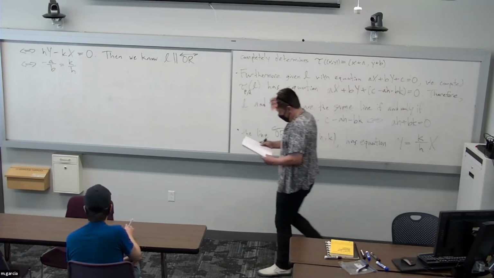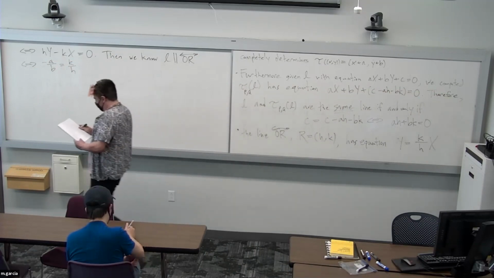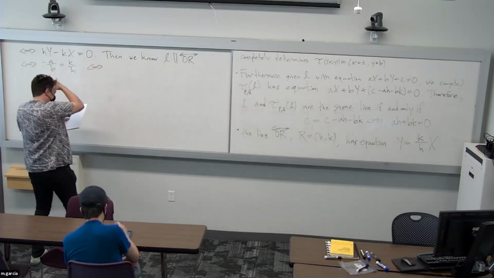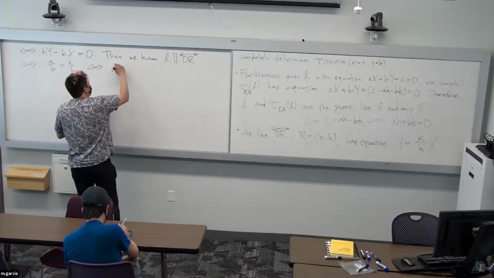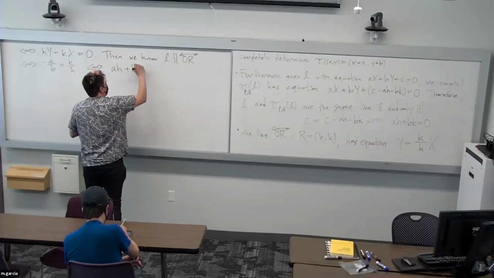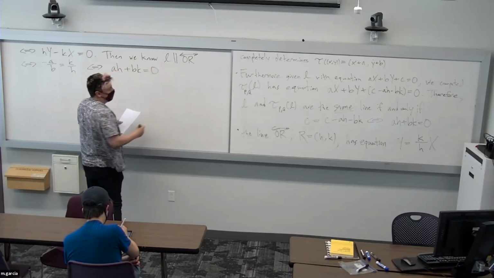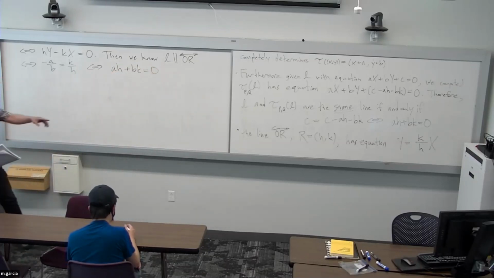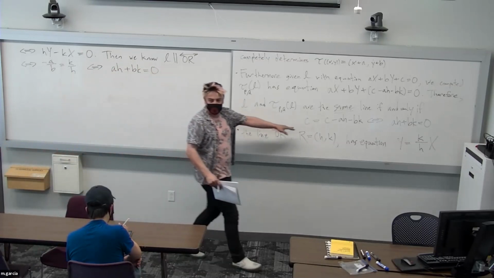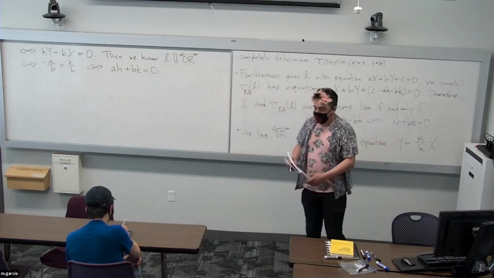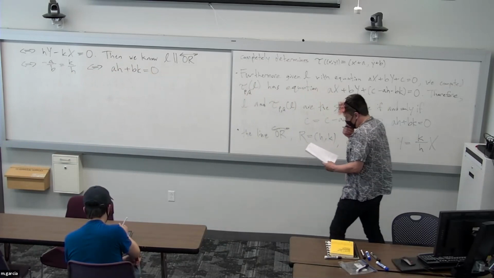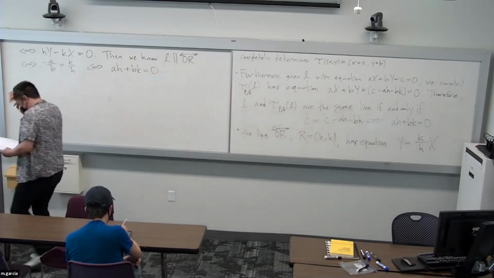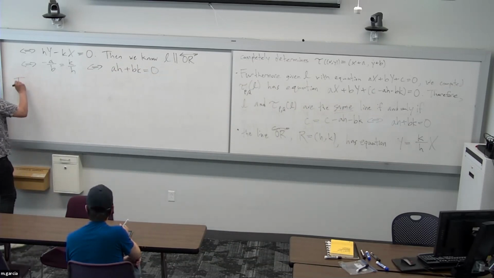So this of course is the case if and only if ah plus bk is equal to 0, which is just the condition that we wrote down before. So they're parallel to the same line. Good.